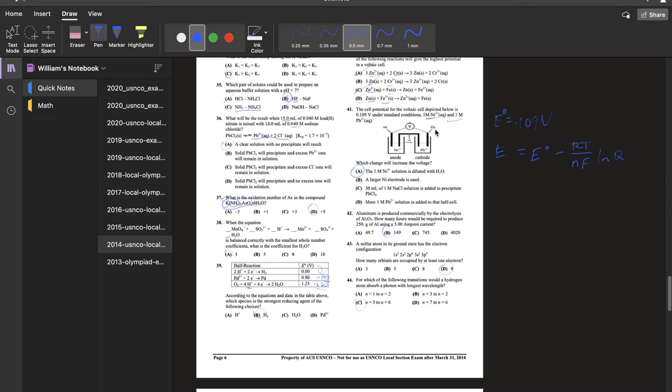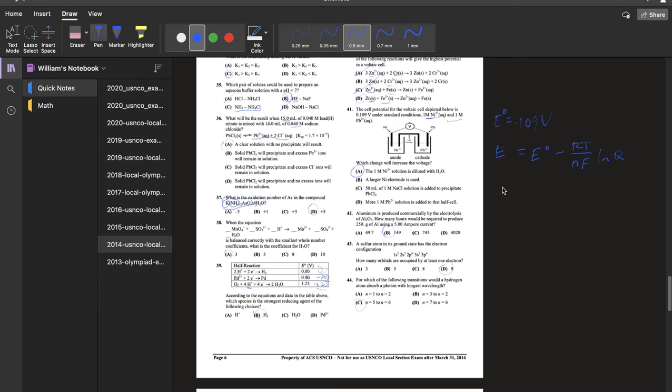And just from prior knowledge, you should probably know that the reduction of lead is more favorable than the reduction of nickel. When I say lead and nickel, I mean the 2+ ion solutions.